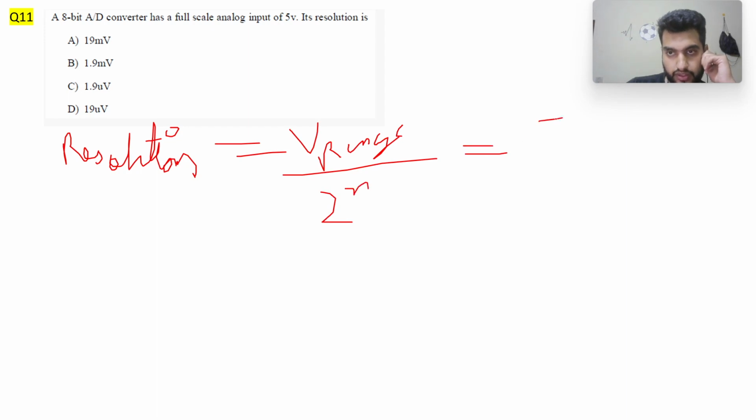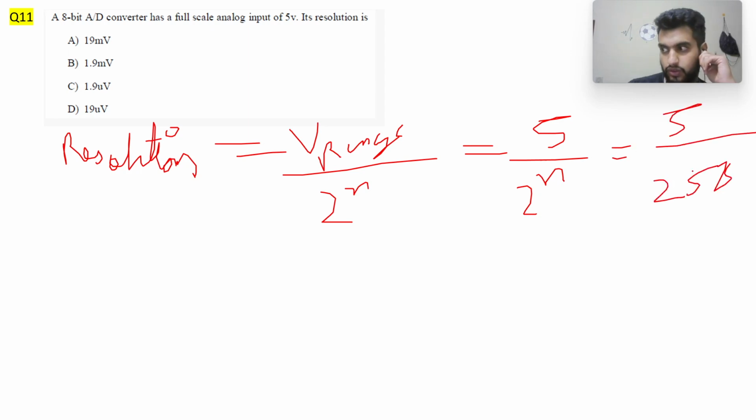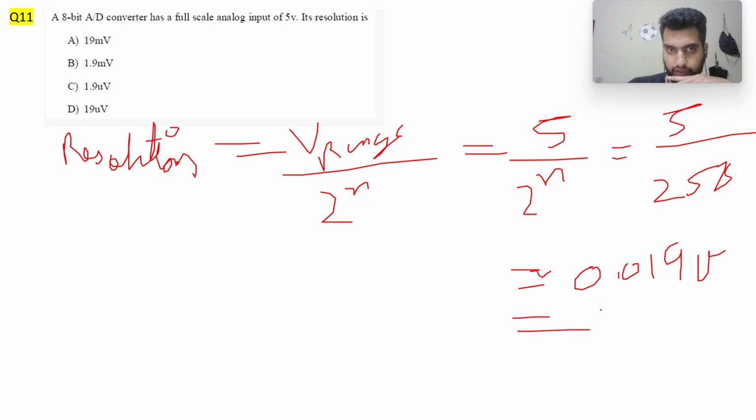So my V range is 5 by 2 raised to power n, n is 8. So 5 by 2 to the 8. So this thing is approximately equal to 0.019 volts. And if you convert it into millivolts, it's 19 millivolts. Option A, as you rightly said, is the correct answer.